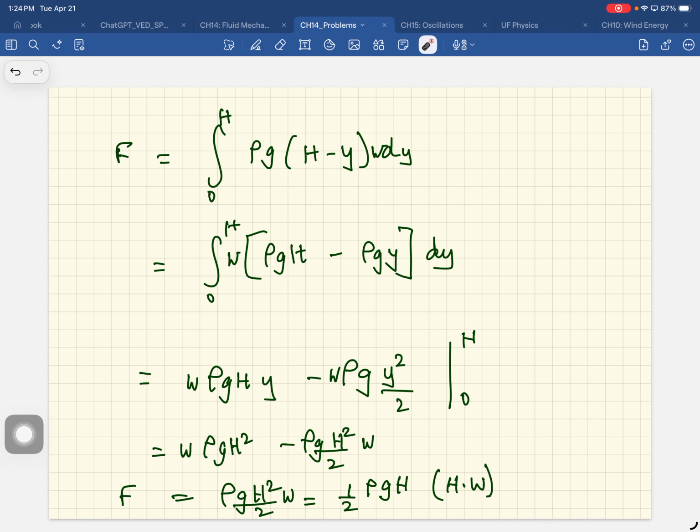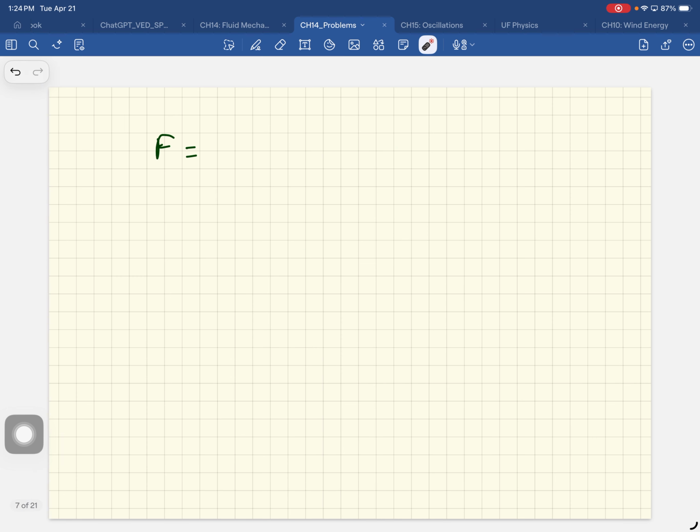Here's the force of gravity acting on it, and the ground is pushing back with an opposite force.